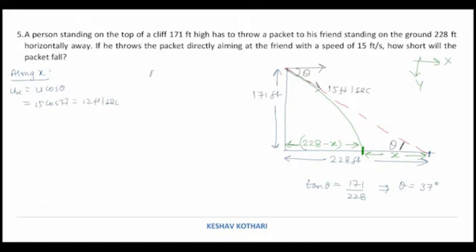Similarly, we do the calculation along y-axis. So I write that along y-axis the value is equal to minus u sin theta, and if I put the value, that is minus 15 sin 37 degrees, we obtain a value equal to minus 9 feet per second.